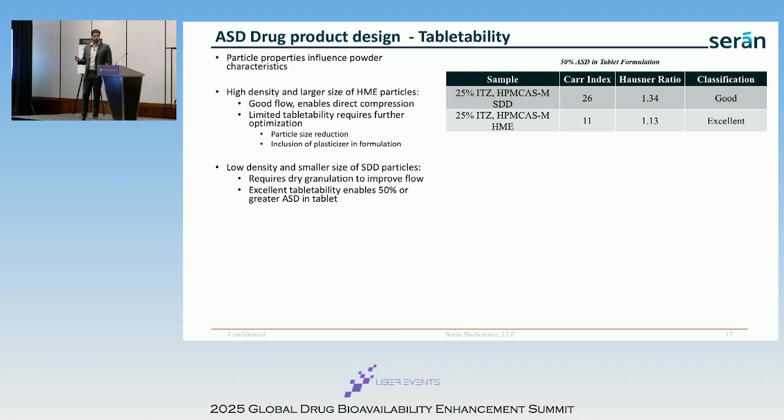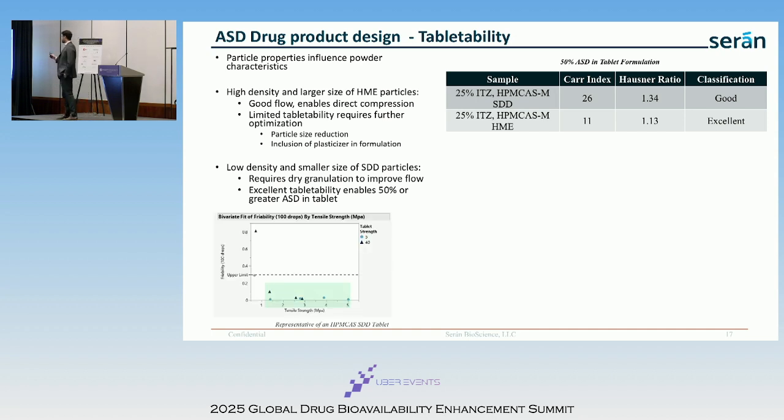Now, the other metric that we're thinking about is tabletability. How well are we able to compact and compress and form those interfacial bonds between our granules and particles? So there's two thresholds that we think of at Séran. There's a lower threshold, which is based on tensile strength.